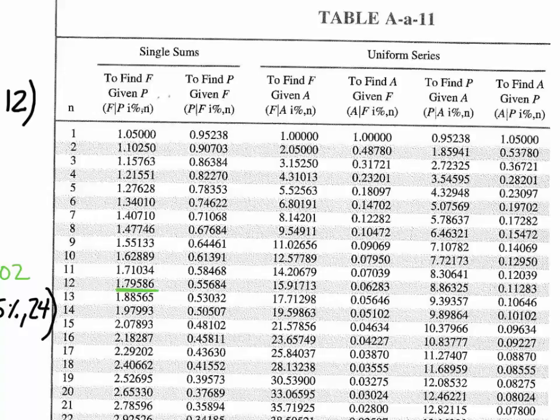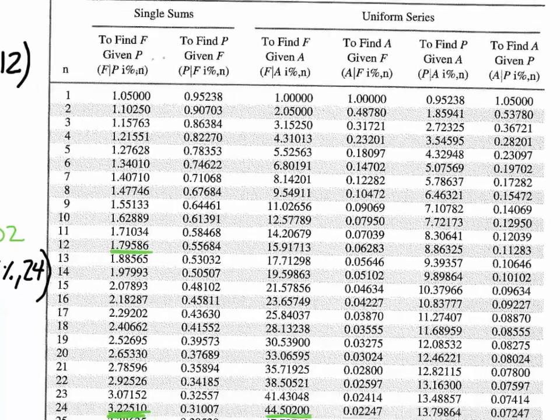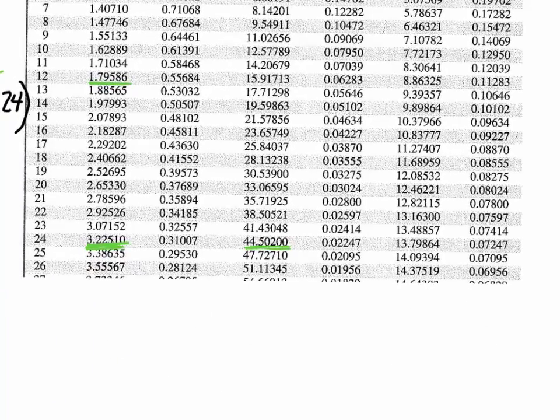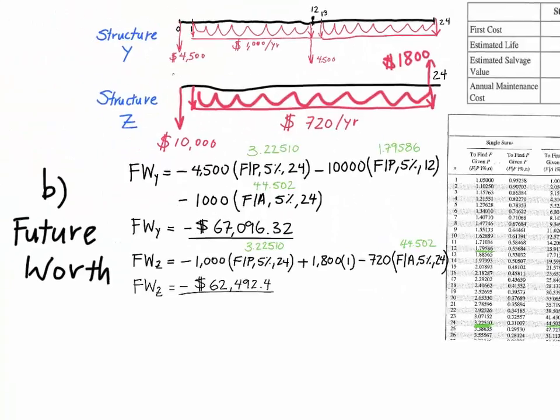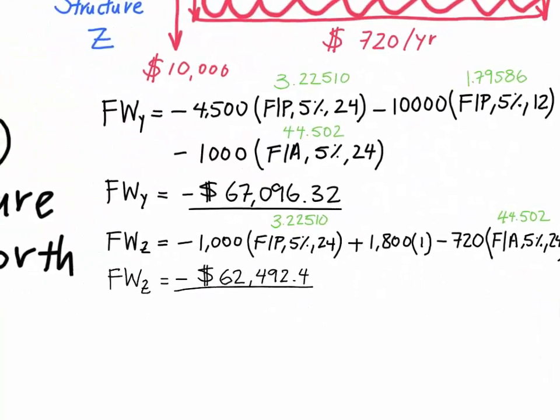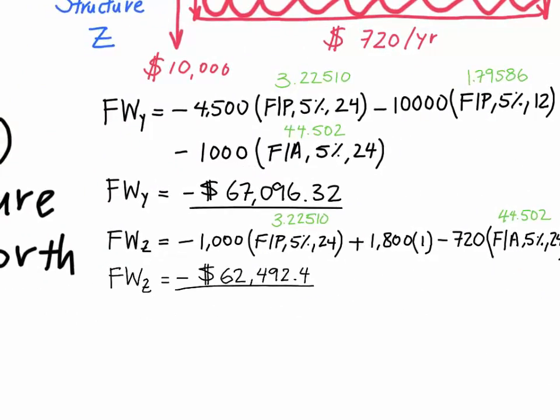And then the next factor is F given A, and this is the factor for it. So again, it's a systematic process. Once you get used to the tables, it's just grabbing values, propagating the equation, and when you do the calculation, you end up with this value here. So that's the future worth of structure Y.